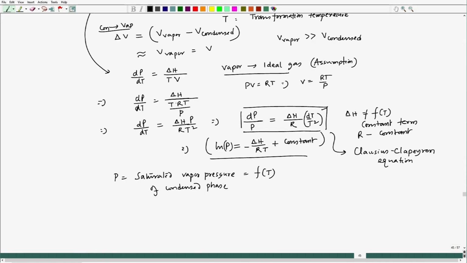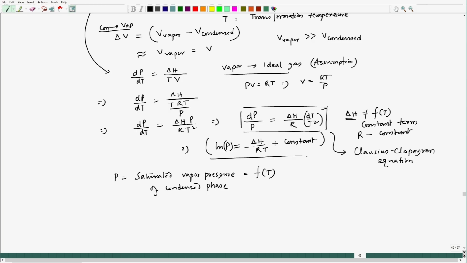If you fix a temperature and keep a closed system, saturated vapor pressure should be achieved, which is nothing but the equilibrium condition. Now, we have assumed that delta H is a fixed or constant quantity, but it can actually vary with temperature.